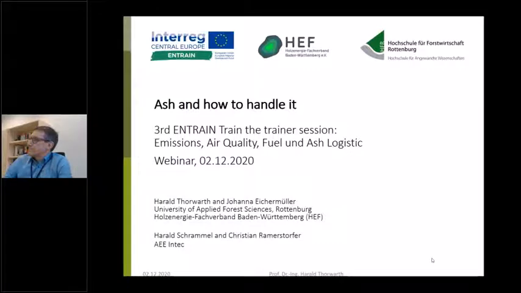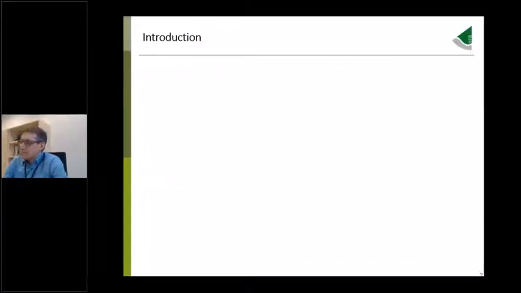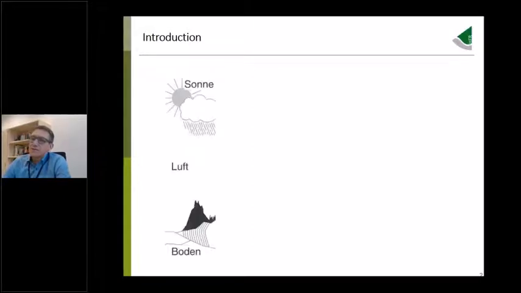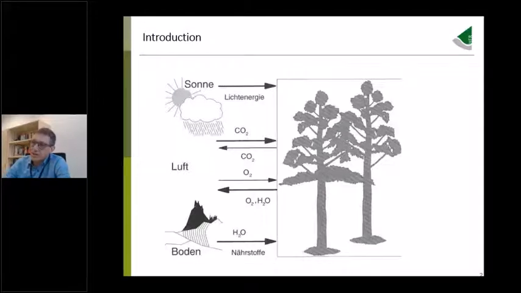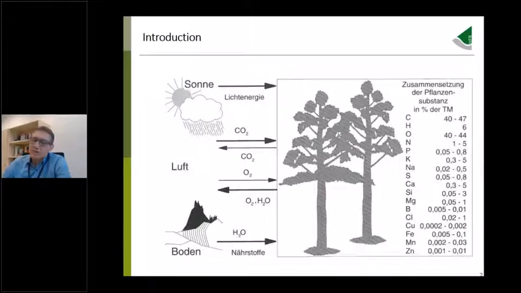Starting with the main factor influencing ashes and ash formation: the fuel. The fuel, in our case, is wood, which depends on the growth of the wood, which depends on soil, air, and sun. So we get trees, and those trees contain the whole periodic table of elements.